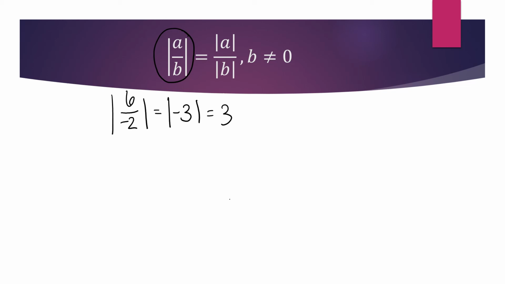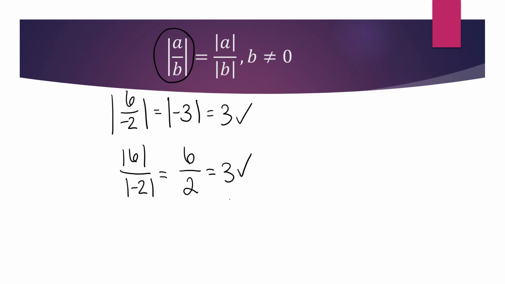But then if we split up the absolute value and do the absolute value of 6 divided by the absolute value of -2, we can evaluate those absolute values separately. So we would have the absolute value of 6, which is 6, the absolute value of -2, which is 2, 6 divided by 2 is 3. So yes, these do equal the same thing.